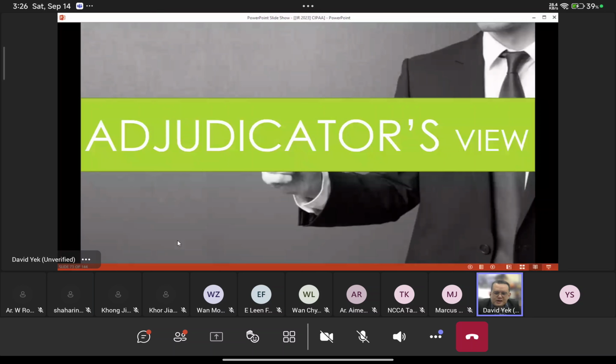So I encourage engineers and architects to register with the AIAC to be empaneled as adjudicators. Previously, they had adjudicator training and examination. I think for the last couple of years they have discontinued this. The reason is there are more adjudicators than cases coming into AIAC.